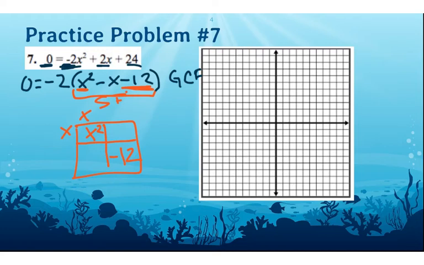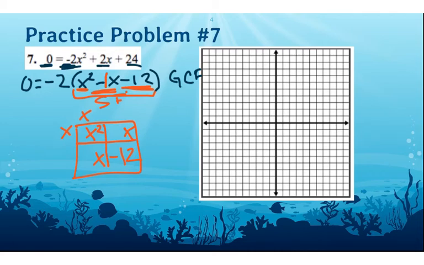All right, and so now I know that these two boxes, whatever they are, need to add or subtract to give me a negative x. And for those of you that forget, it's really a negative 1x. Now I need to know, what are my factors of 12?